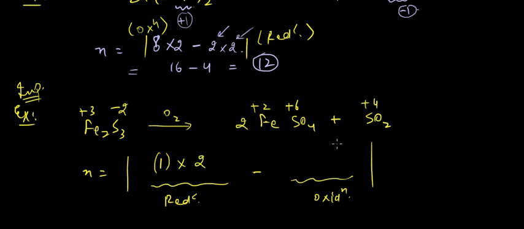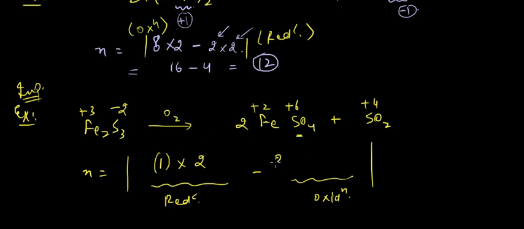Then for S3, 2 moles of S are going from -2 to +6, and 1 mole of S is going from -2 to +4.